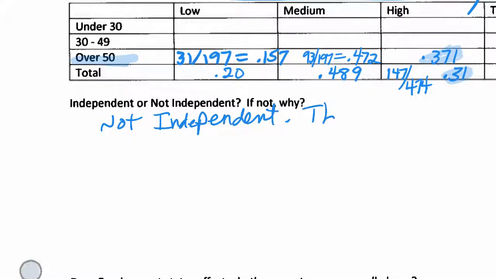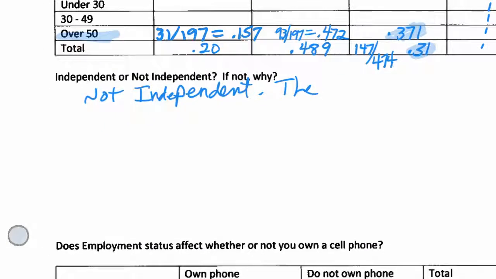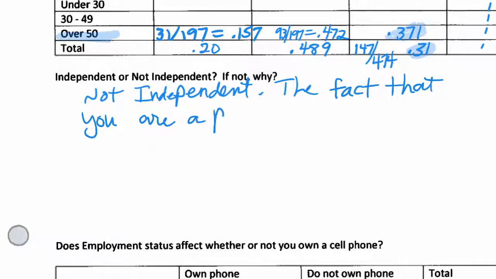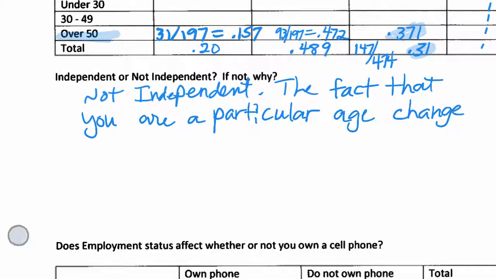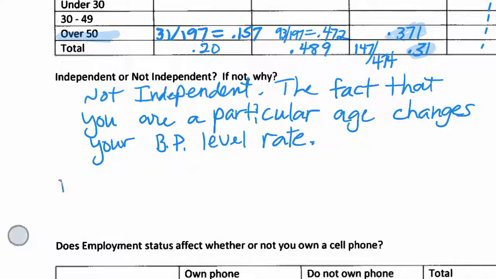The fact that you are over a particular age, the fact that you are a particular age changes your blood pressure level rate. And then you have to give one specific example. For example, just pick one of them.